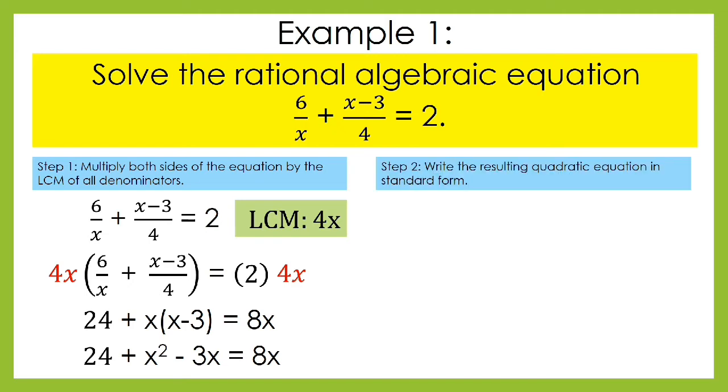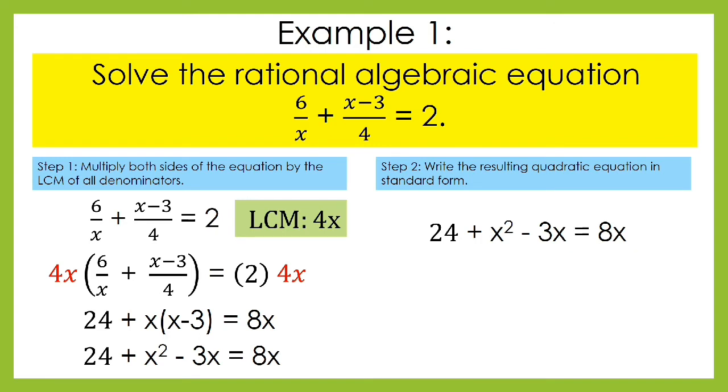Okay, step 2 is to write the resulting quadratic equation in standard form. So, ito yung nakuha natin kanina. Standard form ng quadratic equation, mauuna yung may highest exponent, which is 2. And then, susunod yung 1 ang exponent ng variable na x. And then, ang susunod yung constant.